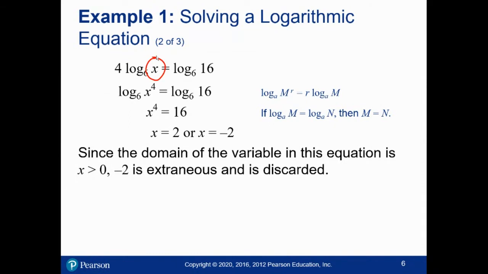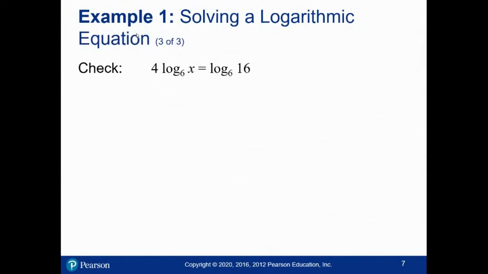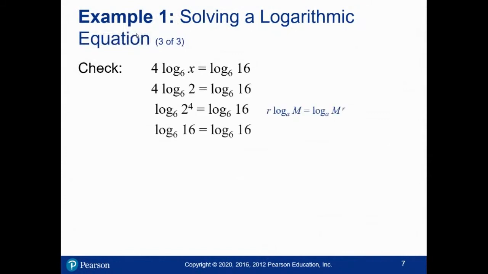In this example, if you had just started the problem here, you'd think, two solutions, 2 and -2. But the original formulation did not allow for negative numbers, so the only answer was x equals 2. We can check this by plugging in, which is really just repeating the work we just did. Yes, 2 to the 4th is 16.